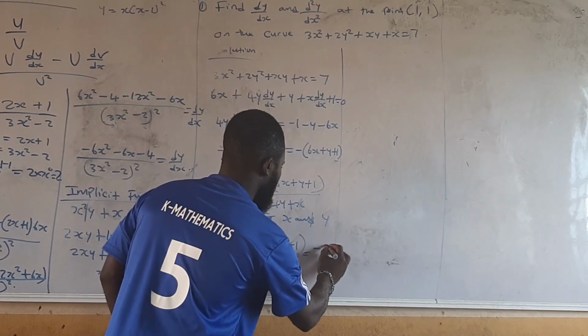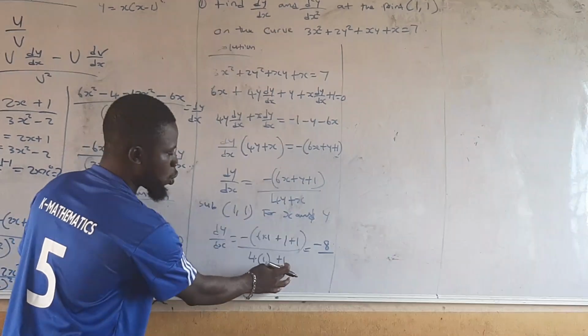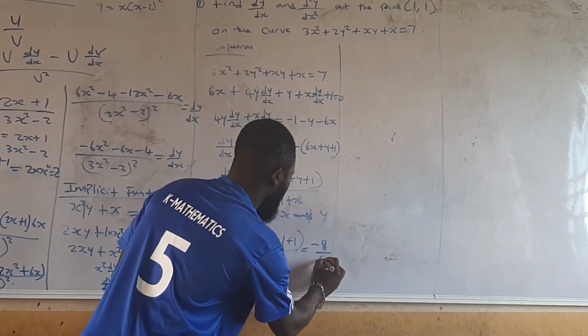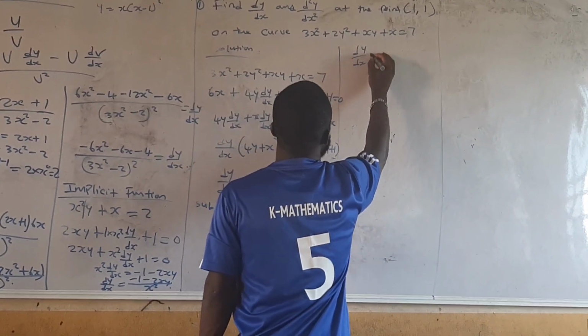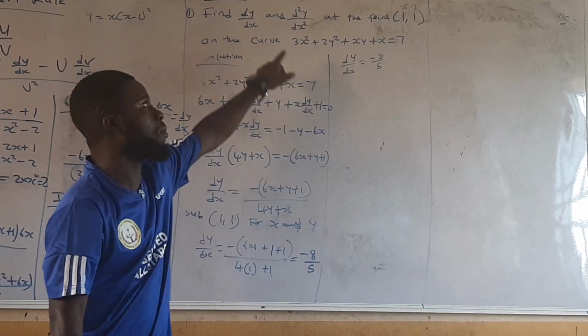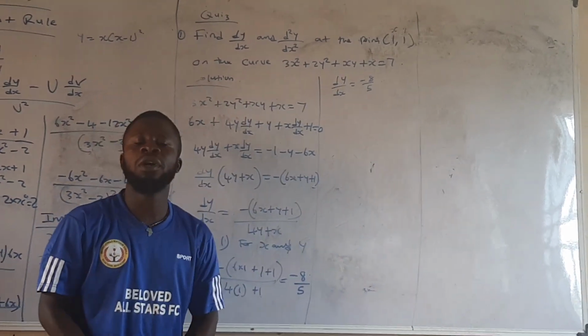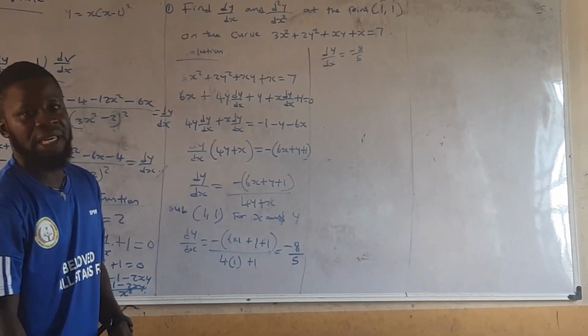That will give me minus 8 all over 4 times 1 is 4, plus 1, that's 5. Minus 8 over 5. Therefore, dy/dx equals minus 8 over 5. But that's not where they asked us to stop. They said we should also find the second derivative, d squared y over dx squared.